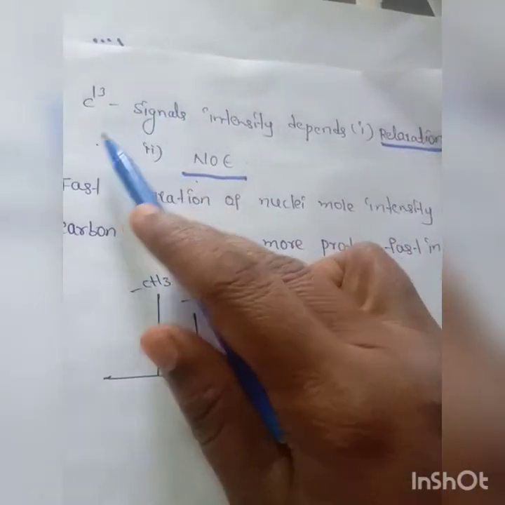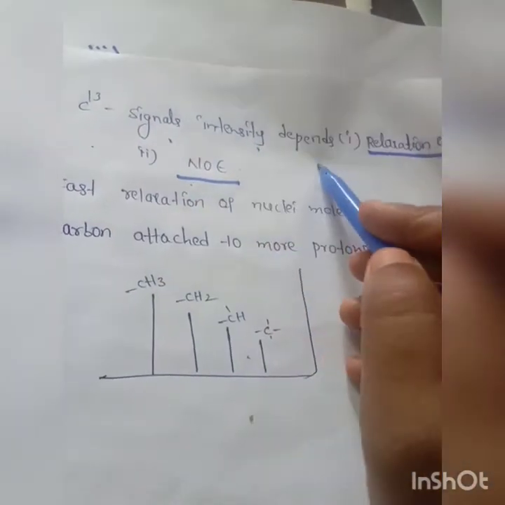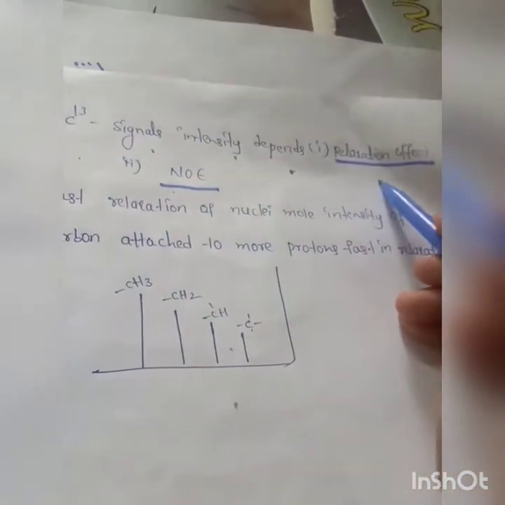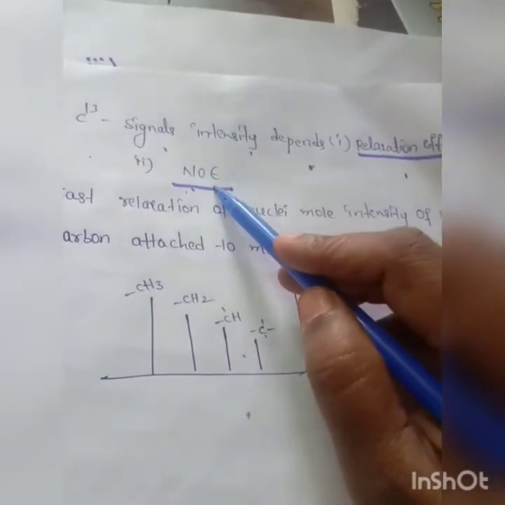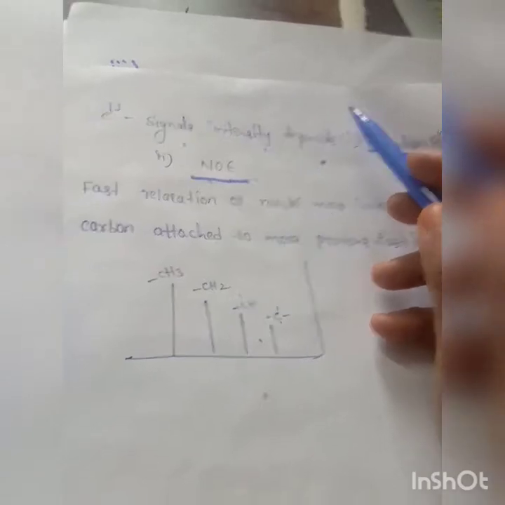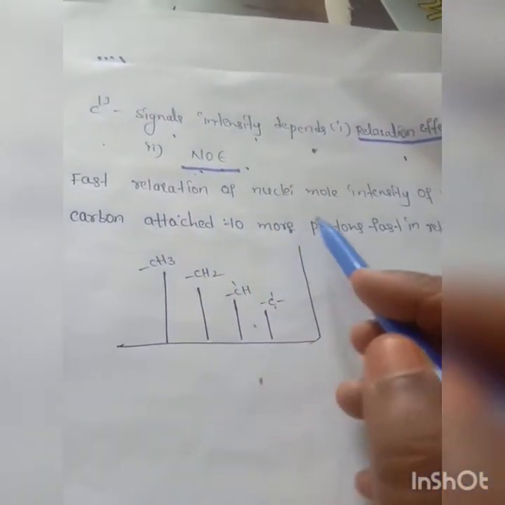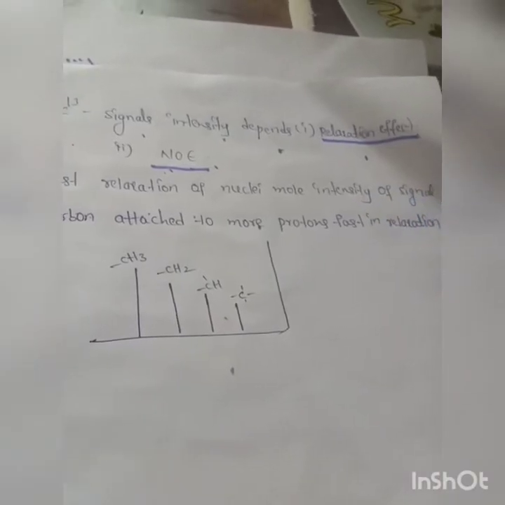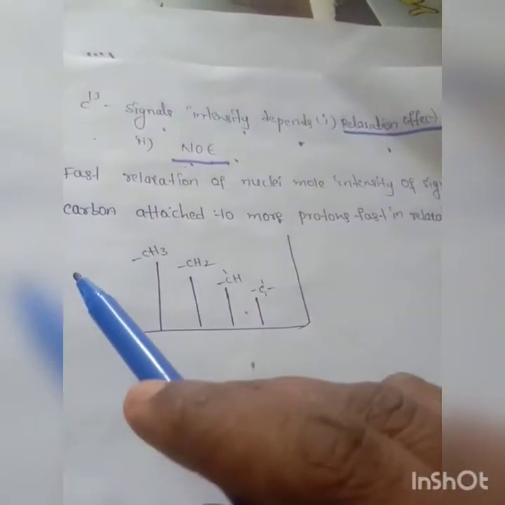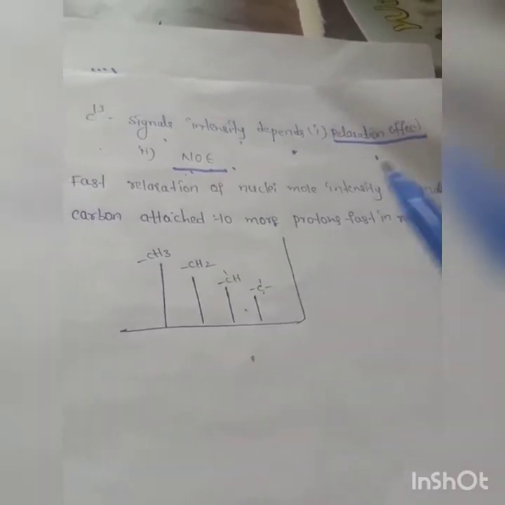So meaning what? With fast relaxation of nuclei, the intensity of the signal is higher for carbon attached to more protons.